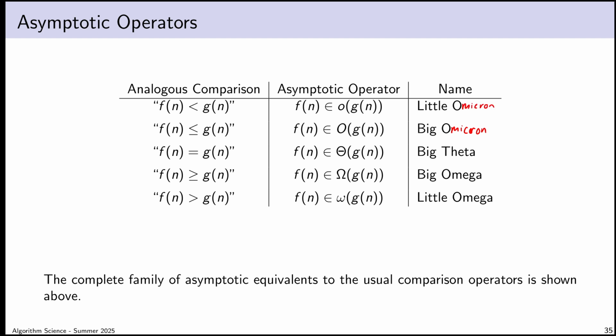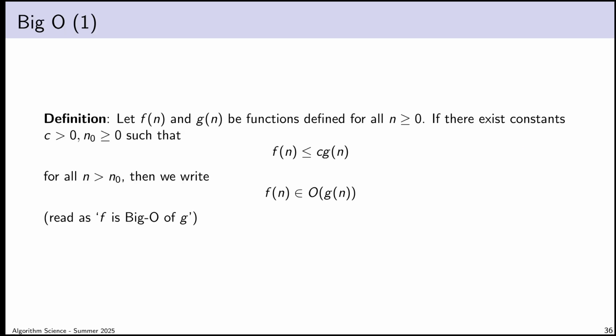It is, in fact, the Greek letter, the capital omicron and lowercase omicron. But the kind of people that go on about that can sometimes be a bit much. So we just say big O, because that's what it looks like. We don't need to know Greek to understand how to use big O, and we know enough about the Greek letters theta and omega to be able to use those too.